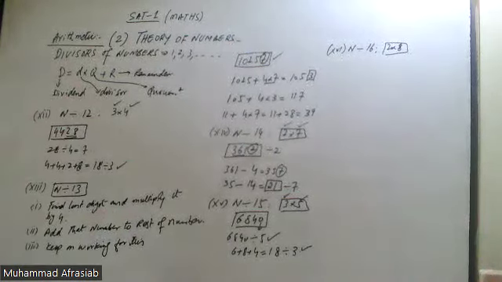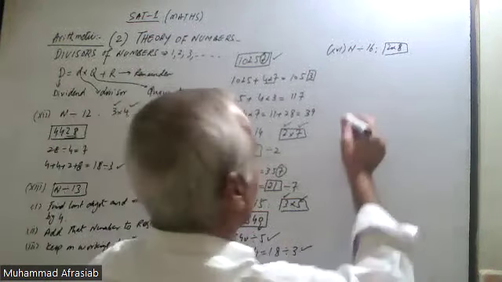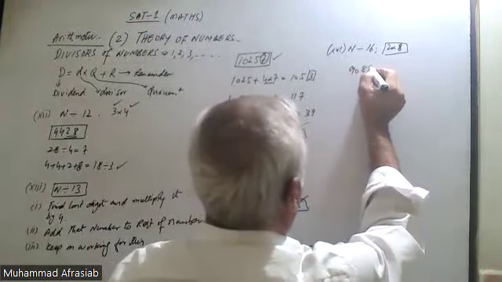If the last digits are divisible by 16, then the whole number is divisible by this number. 9088 is the number.